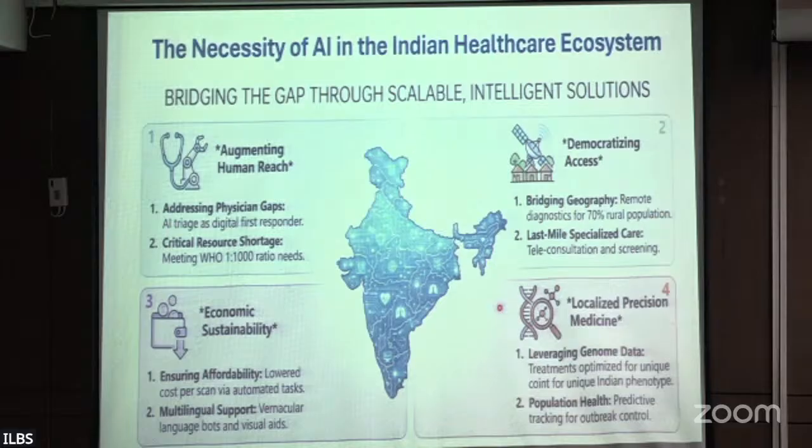In India, there is a lot of scope and necessity for rural remote people where clinical facilities are not adequately available and experts are not available.